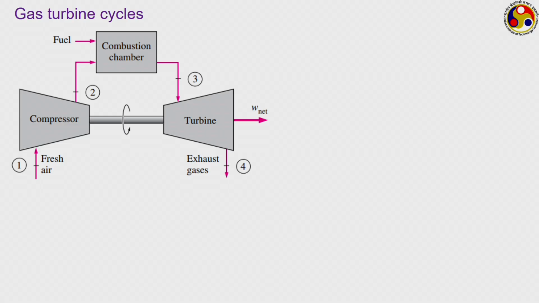So, in the compressor your working medium is fresh air, in the combustion chamber you are receiving pressurized air and your fuel, and from here we are having the combustion products coming out.